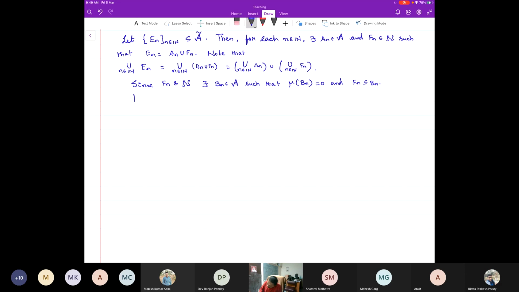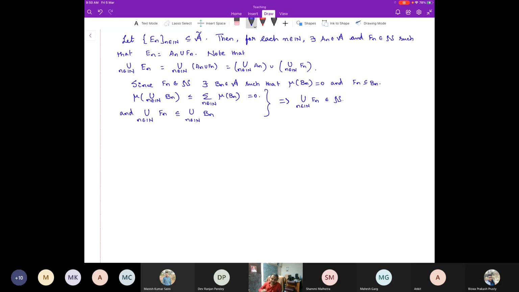Now, mu of the union of Bn, by subadditivity, is less than or equal to the summation over n in N of mu Bn, and each one of them is 0, therefore this is 0. And the union over n in N of Fn, each Fn is contained in Bn, therefore this is contained in the union over n in N of Bn. So these two together imply that the union over n in N of Fn belongs to script N.